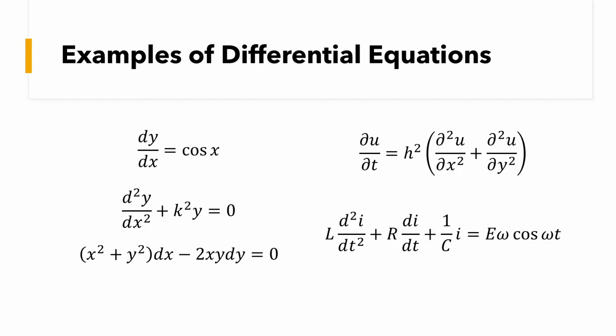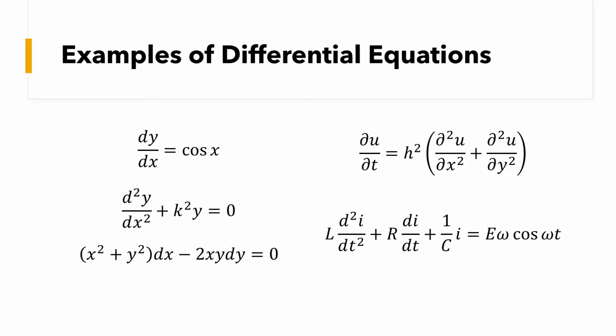That's another differential equation. Then our fourth is the partial of u with respect to t is equal to h squared multiplied by the second partial of u with respect to x plus the second partial of u with respect to y. And for the last equation, we have L multiplied by the second derivative of I with respect to t, plus R multiplied by the first derivative of I with respect to t, plus 1 over C multiplied by I is equal to E omega cosine omega t.